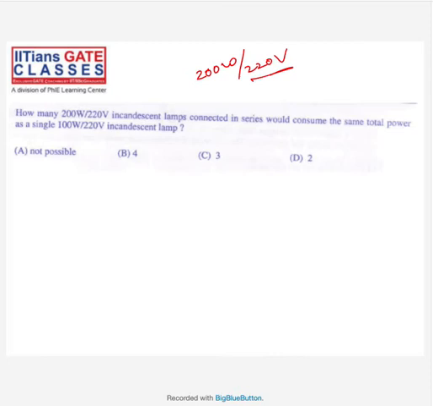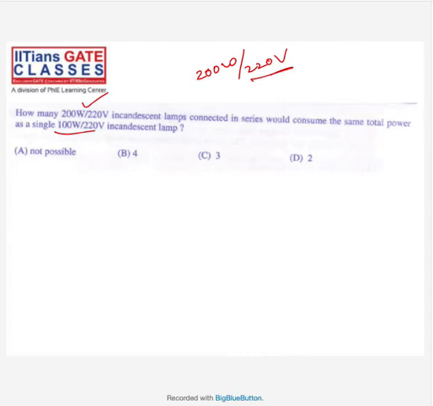Read the question properly: how many 200 watt by 220 volt incandescent lamps connected in series would consume the same total power as a single 100 watt by 220 volt incandescent lamp?